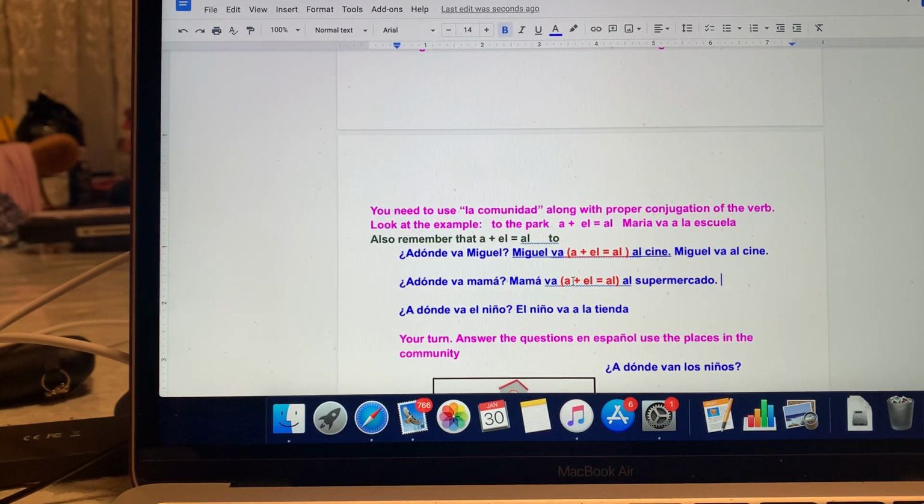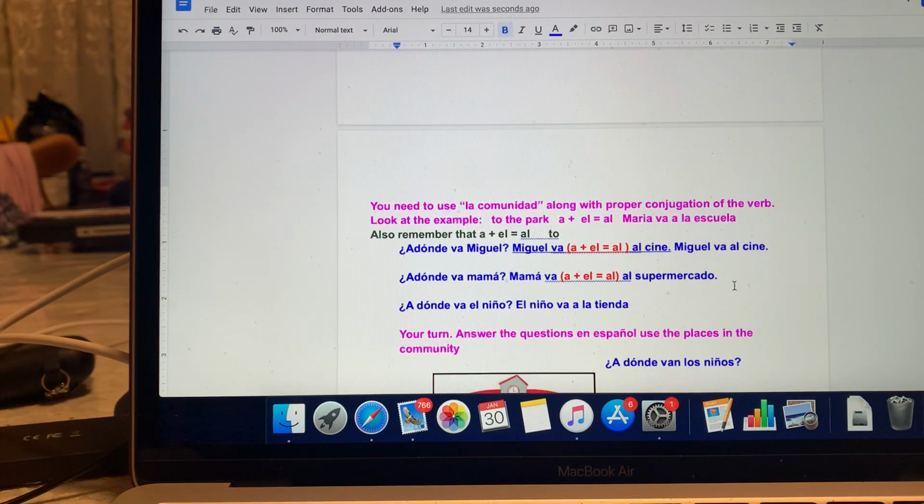But because we need the preposition as well, we have a plus el. For these two words, we make it into one, and now it says al. Okay? ¿A dónde va mamá? Mamá va al supermercado. Mom goes to the supermarket. Are you with me? Okay.